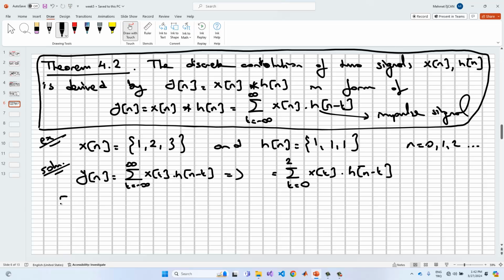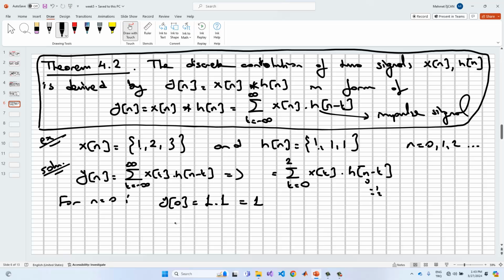And so for n equal 0 we have y[0], which is equal to 1 times 1 in here. The other terms are 0, because k is greater than n when n is 0; h[0] gives us 1, but otherwise minus 1 and minus 2 give 0.